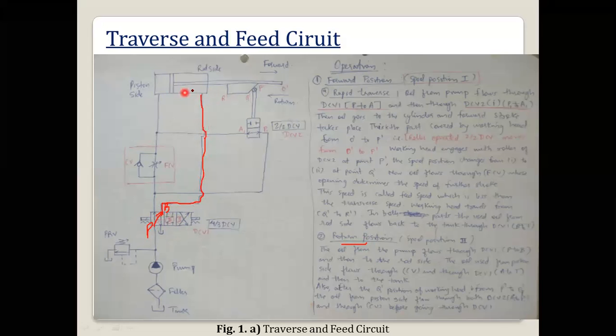Then this piston, which was initially extended, will be moving backward to its original position. The oil from the piston side will be going through this flow control valve and also the check valve, and it will come to port A.